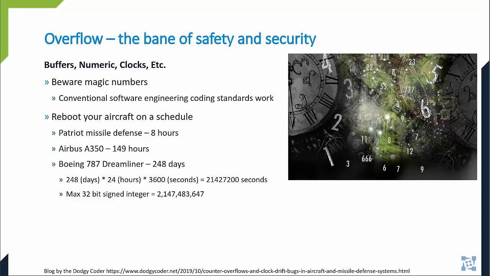Number, and a maximum 32-bit signed integer is 21,474, right? Like we can see that if we had gone 249 days, we would have passed that maximum integer, which is why the reboot every 248 days.